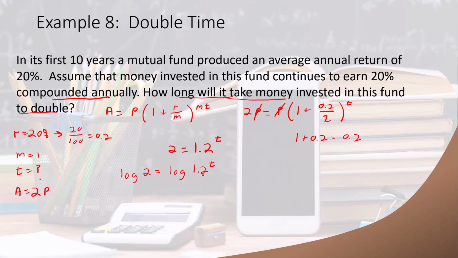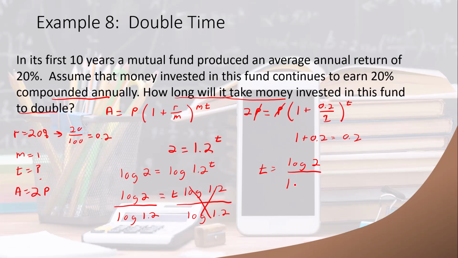Now we can apply the power property and rewrite the right-hand side as t times log base 10 of 1.2. And over here, we still have the log of 2. Now we can divide both sides by the common log of 1.2. These cancel, and we have that t is equal to the common log of 2 divided by the common log of 1.2.